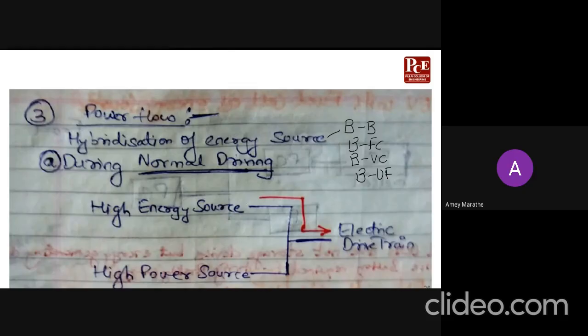We have two energy sources: one with high energy and another with high power. These are the different modes in EV. During normal driving, out of this hybrid source, the source with high energy will supply the power to the electrical drivetrain. That is what it means.